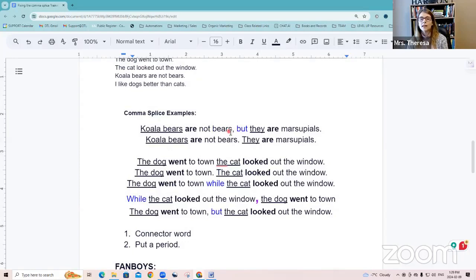And when you pause, that tells you not that you need a comma, but it tells you that probably something is going on in that space that you need a connector word, or you need a period, maybe you need a comma. So don't ever think that just because you pause when you read something that you need a comma, because you also pause every time you come to a period. So if it were true, then we would have like all these extra commas. So that's my bonus piece of information for today.